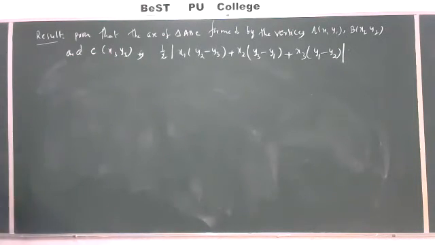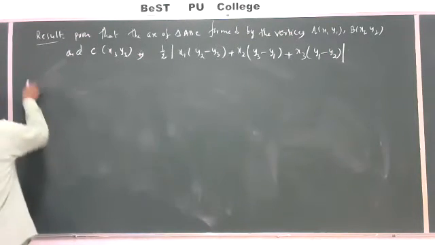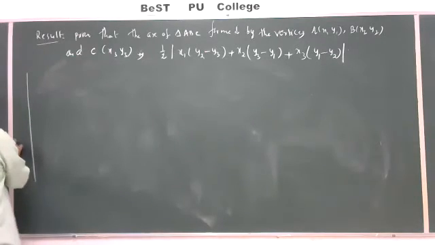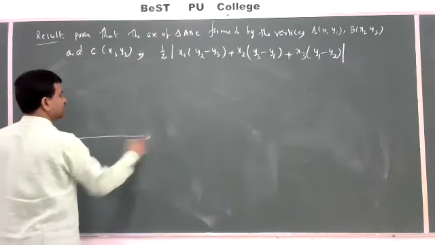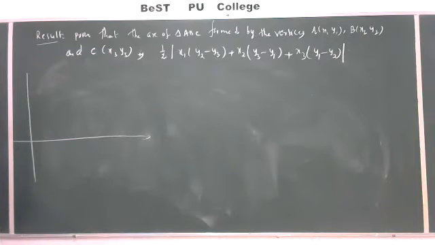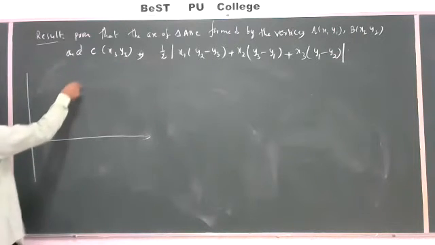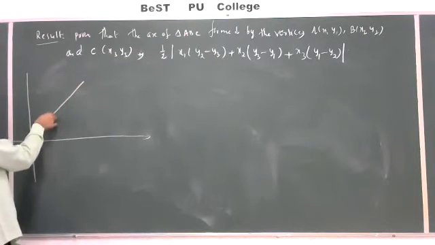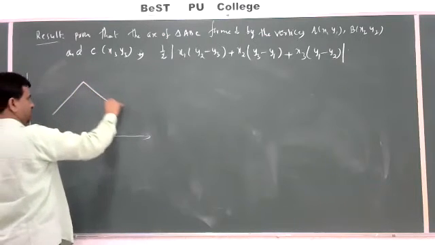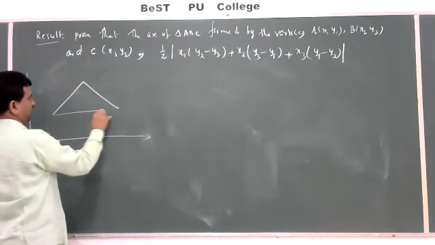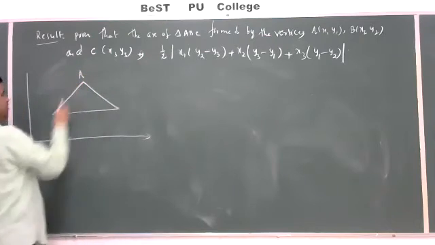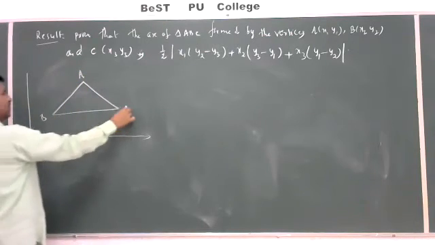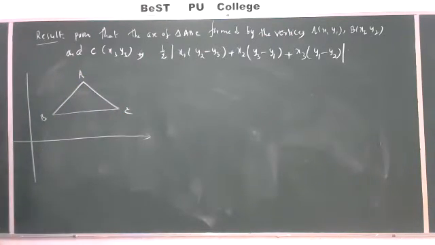See the derivation here. Very simple. Once again, consider a rectangular coordinate system. I am taking a triangle ABC. This is a triangle ABC. The same procedure as the section formula will go here also.